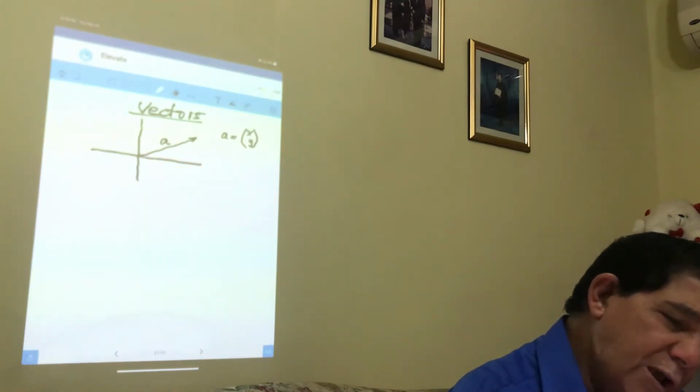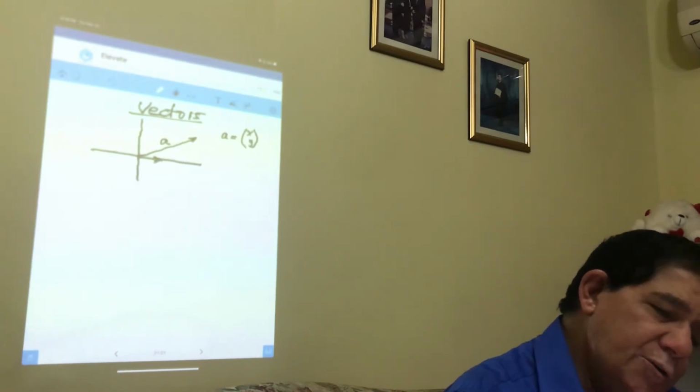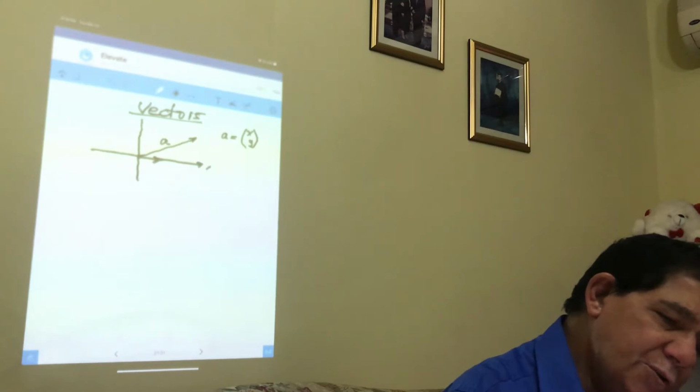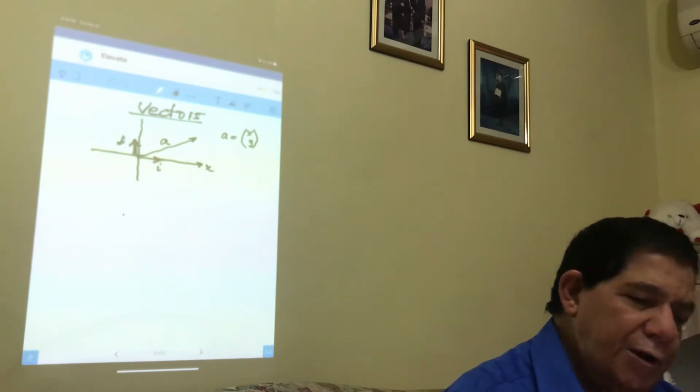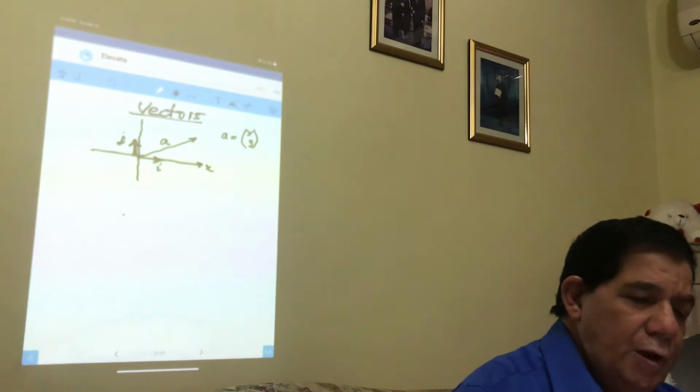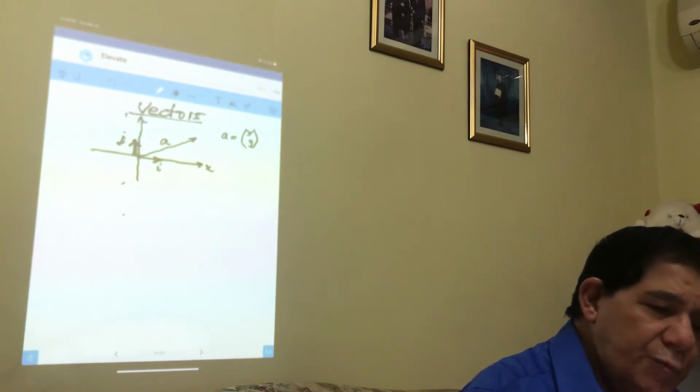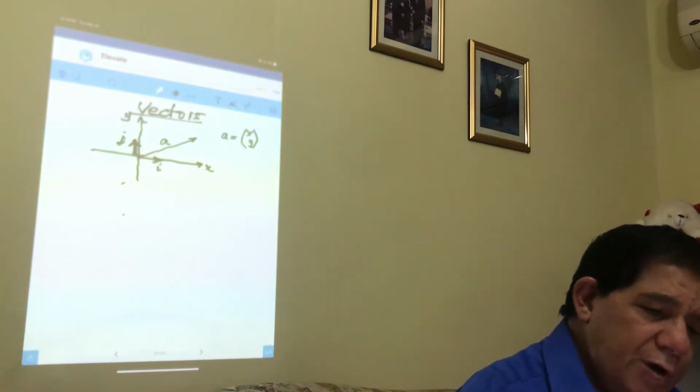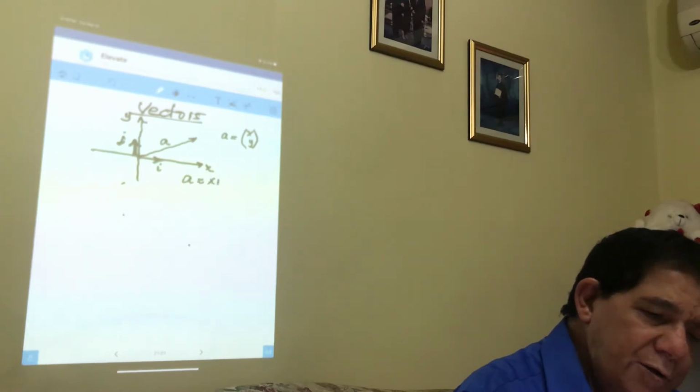We are going to say that a unit vector in the direction of the x-axis is called i. A unit vector in the direction of the y-axis is going to be called j. And therefore, this vector A is going to be called xi plus yj.